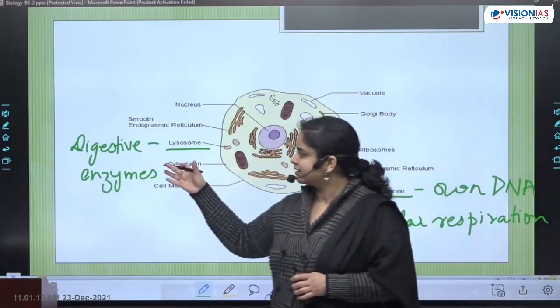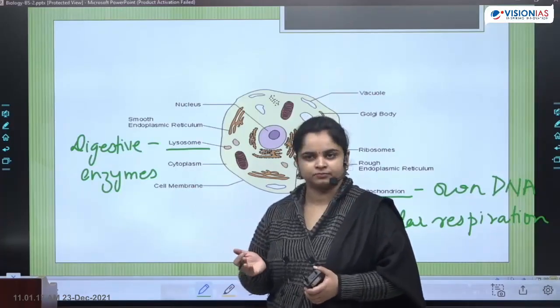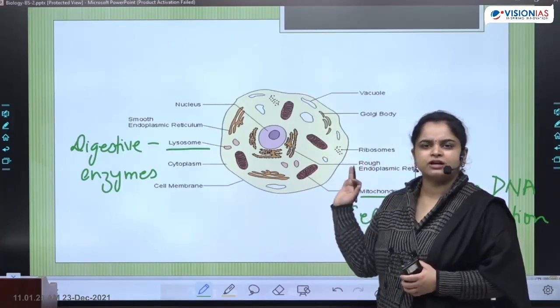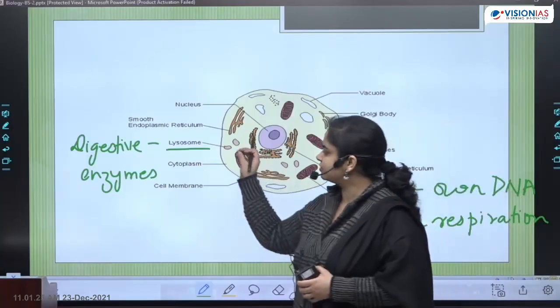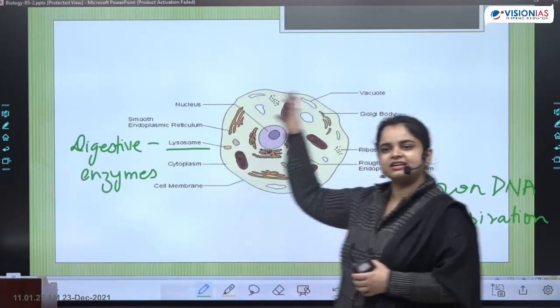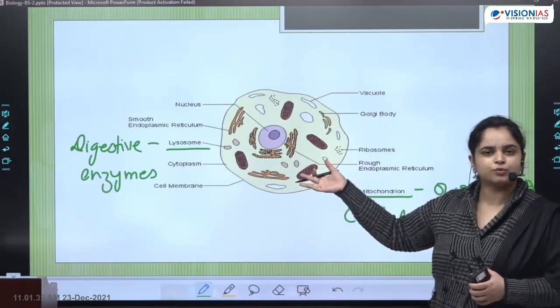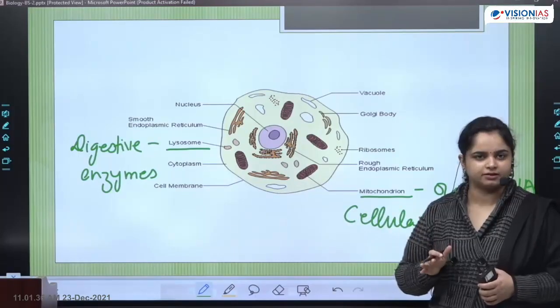This can even go on to eliminate the whole cell. Suppose we have a cell which is now worn out, is not able to function, it's damaged in some way. So what the lysosomes can do is they will open up, they will release their enzymes into the cytoplasm, and as a result this whole cell will be broken down, it will disintegrate.